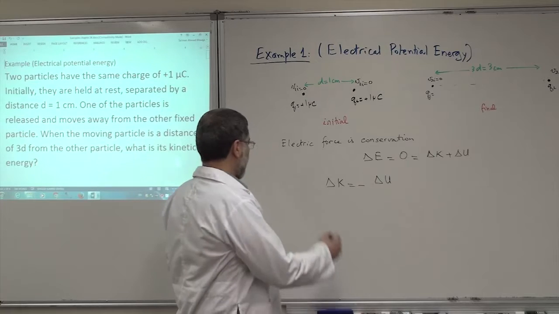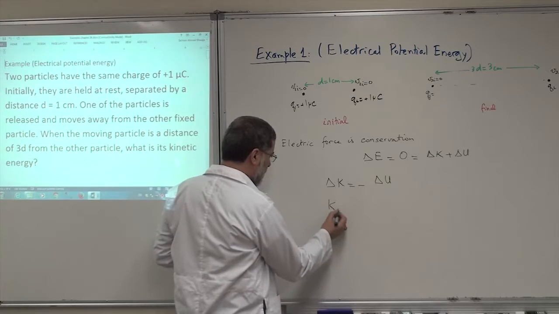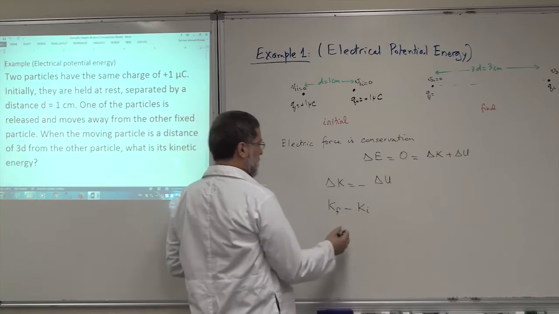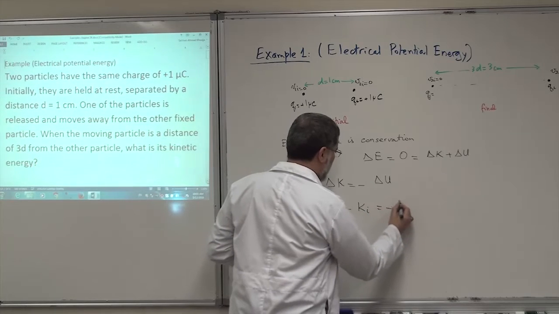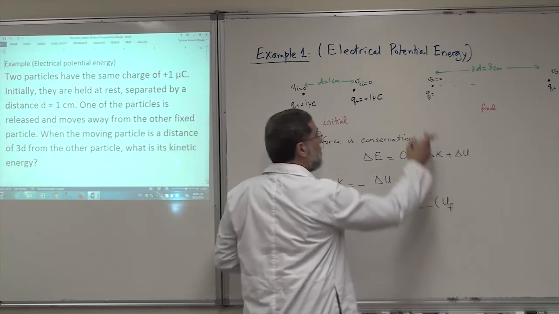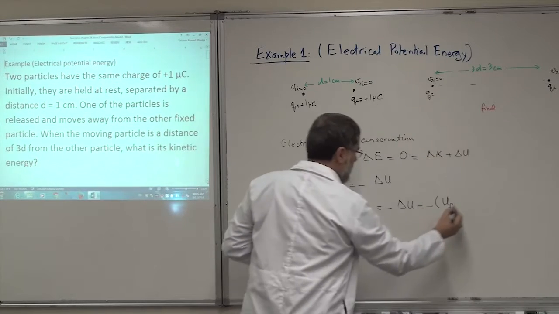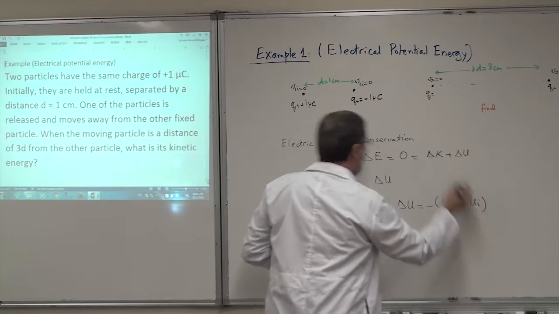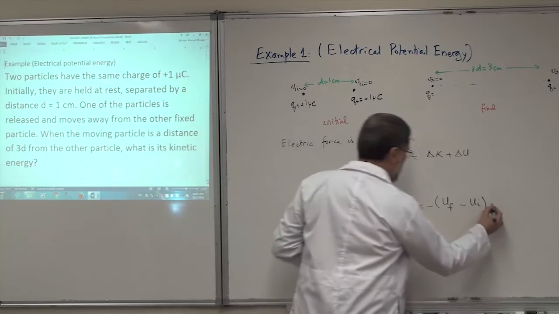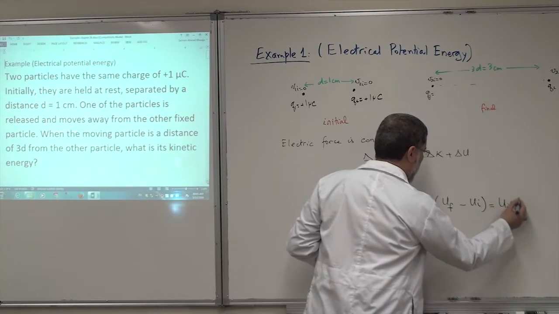So here, K final minus K initial of the two particles equals minus delta U, which is minus U final, the potential energy in this configuration, minus U initial, the potential energy in this configuration here. We're talking about electrical potential energy. So it will be U initial minus U final.